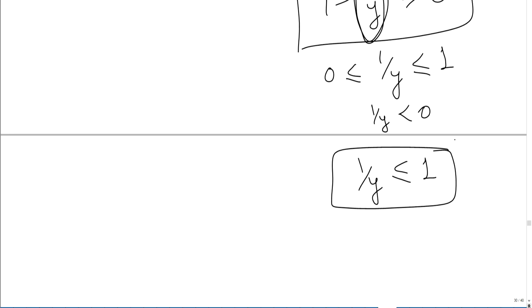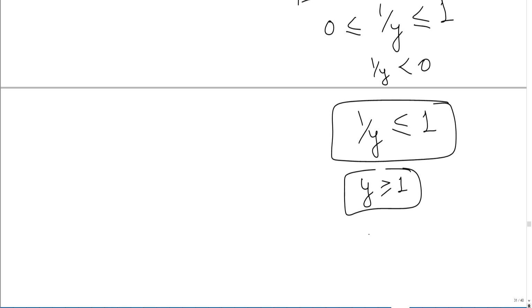Now, there are two ways in which this can be less than or equal to 1. One is y is greater than or equal to 1. This is one way. Another way is that y is less than 0. So there are two solutions for this.